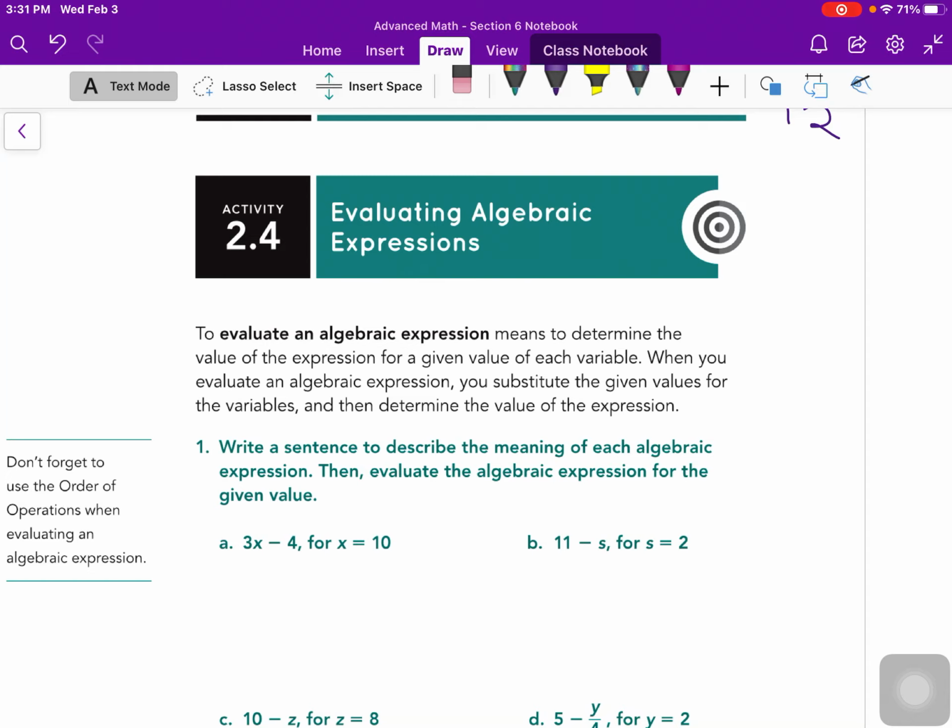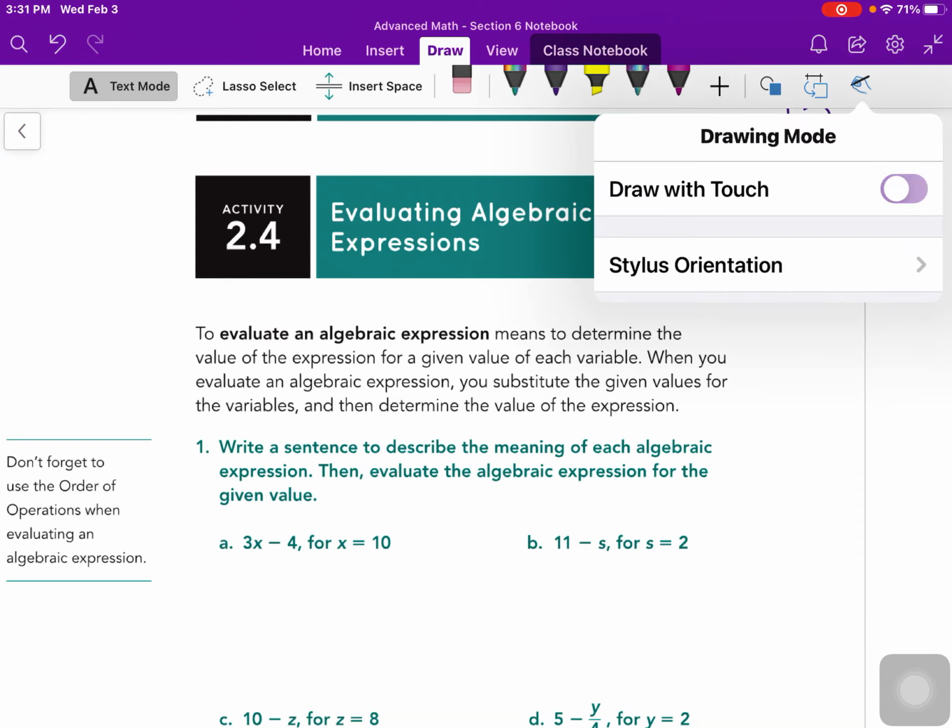Write a sentence to describe the meaning of each algebraic expression, then evaluate it. Okay, so a meaning for this one, they're just saying, this is saying 3x minus 4. We're not going to actually write the meaning of it down.